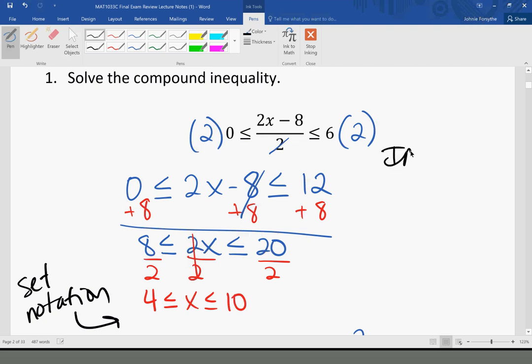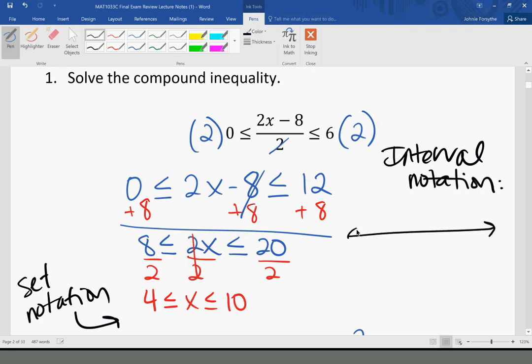Let's look at interval notation. I like to start with the number line. So I have 4 and 10. x is between 4 and 10, so we're going to shade in between here.